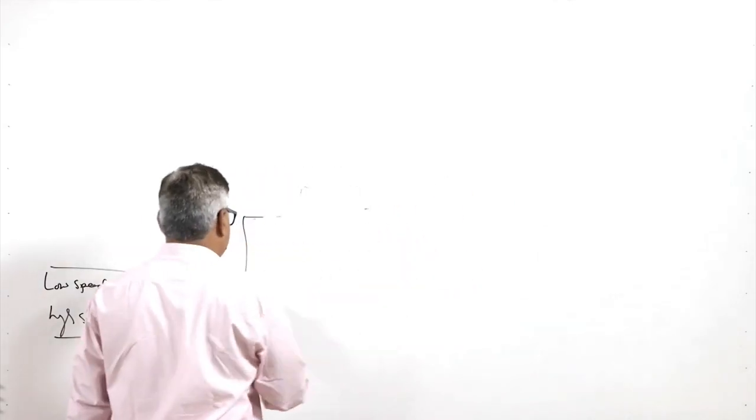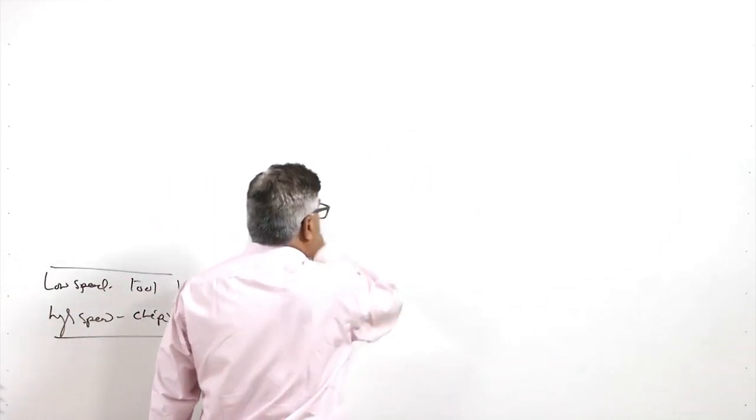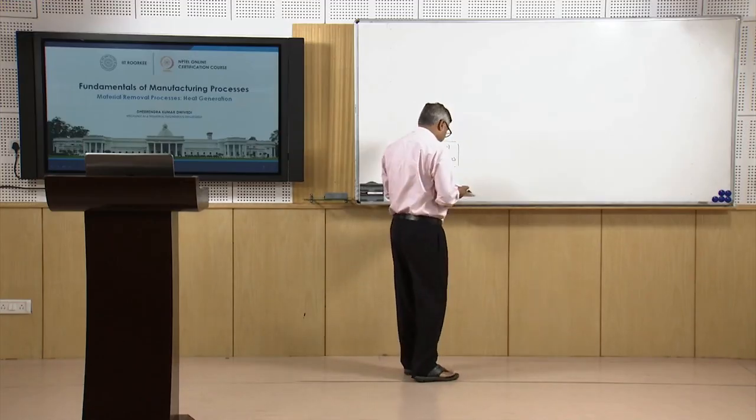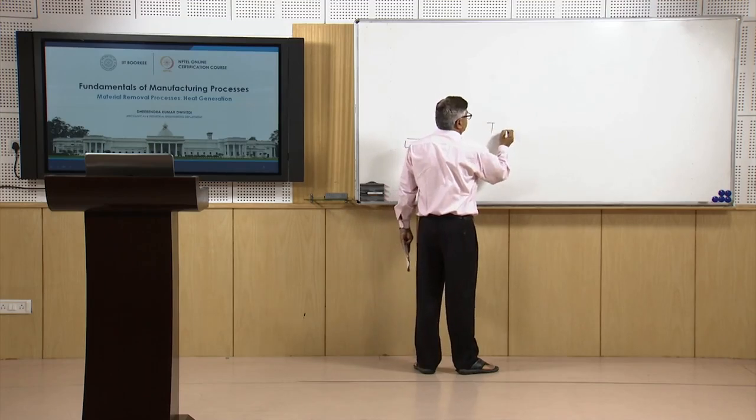Therefore, it is important to consider the rise in temperature of the tool. So, one equation has been developed for identifying the rise in temperature of the tool chip interface.